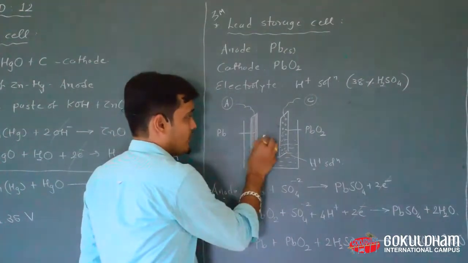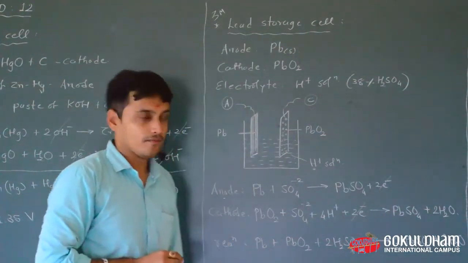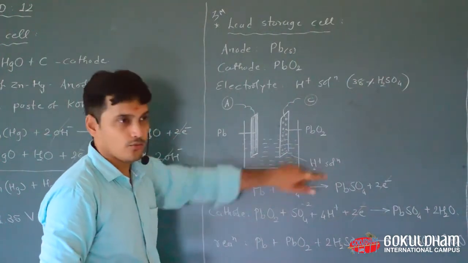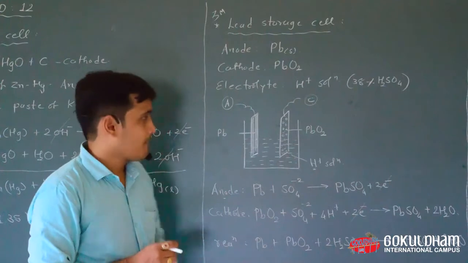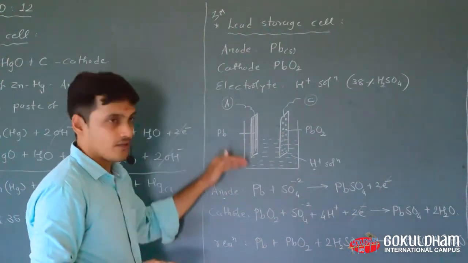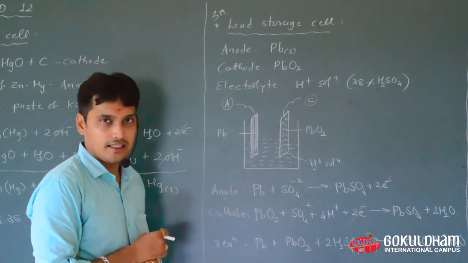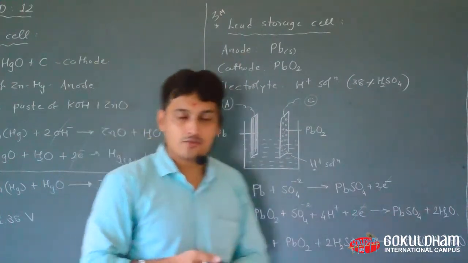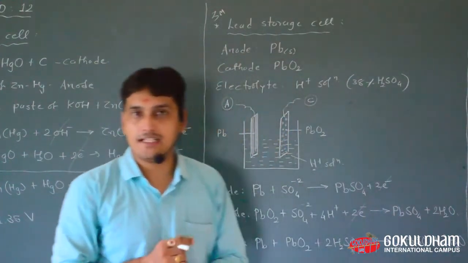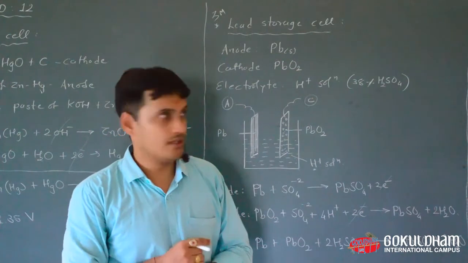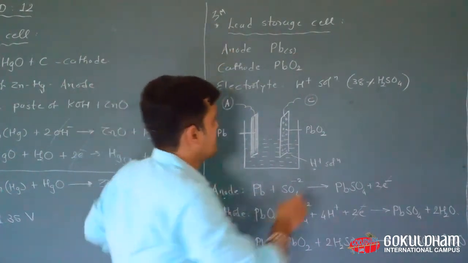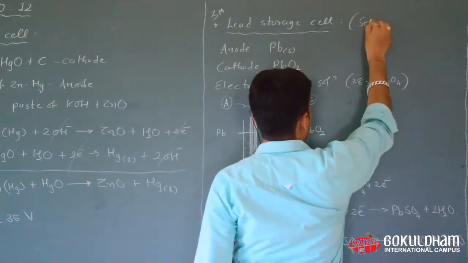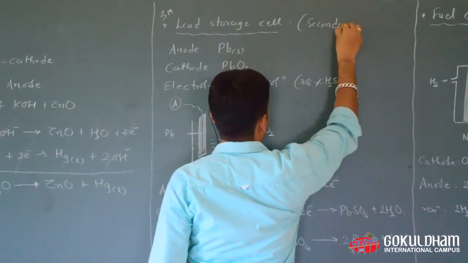At the start of the chemical reaction, the density of the H2SO4 solution is 1.25 to 1.30 gram per ml, and after use of this chemical reaction, the density of H2SO4 decreases to 1.10 to 1.15 gram per ml. This lead storage cell is in the secondary battery section.